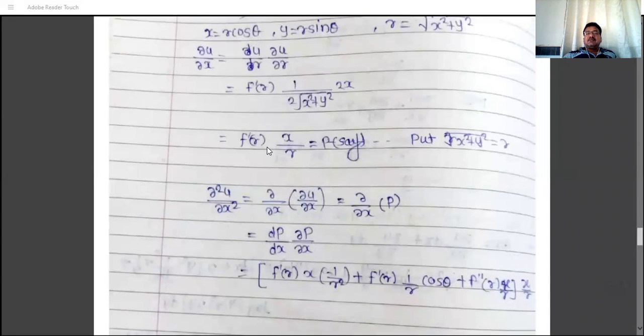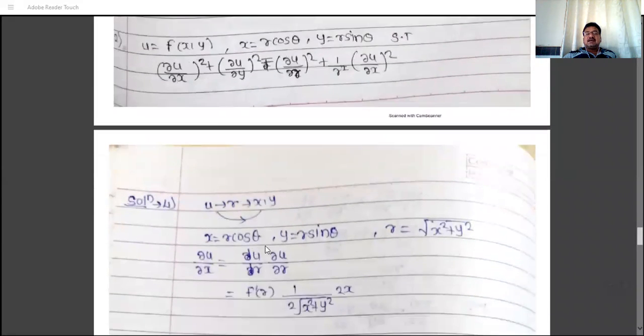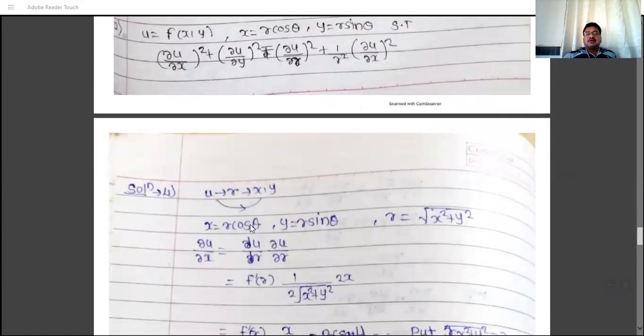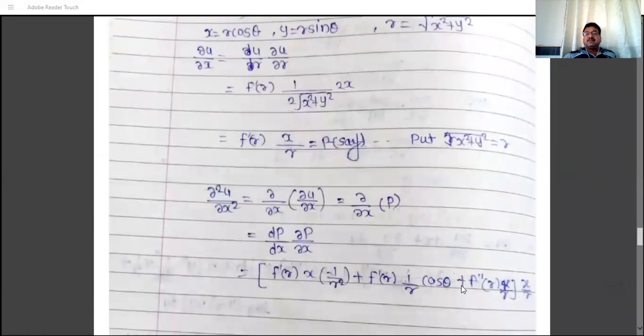Here is the first term: f dash r, x is constant, 1 by r derivative. Then f dash r and 1 by r as it is, and the derivative of x with respect to r. What is x? X is r cos theta, and so cos theta is constant, the derivative of r is 1. Write that term. And then x and 1 by r as it is, that is x by r as it is, and the derivative of f dash r is f double dash r. So u, v, w derivative.